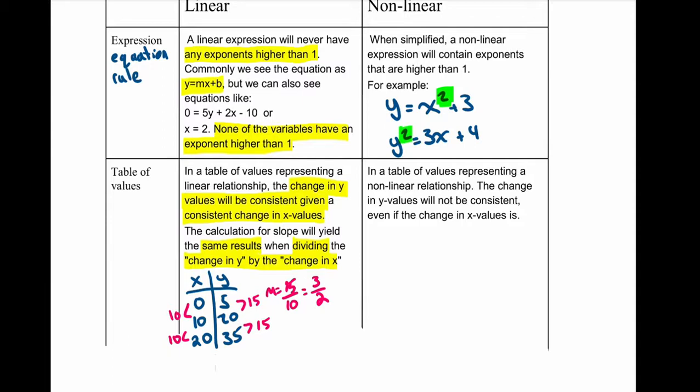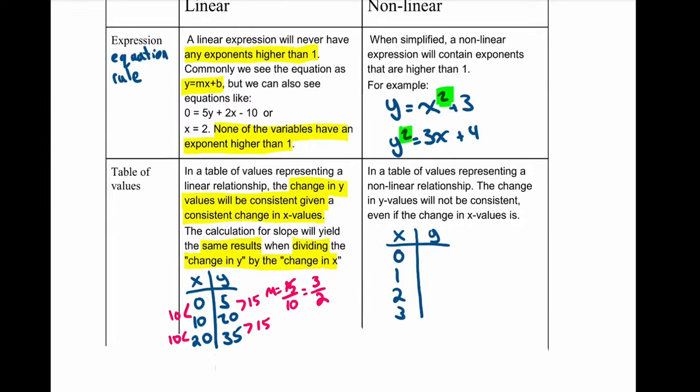In a nonlinear relationship, the change in y values will not be consistent even if the change in x values is. So here, if I look at x's, so say 0, 1, 2, 3, I can see that the change in x is consistent. We're always increasing by 1.